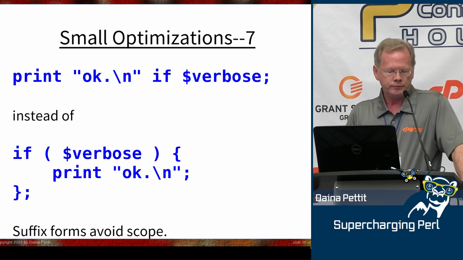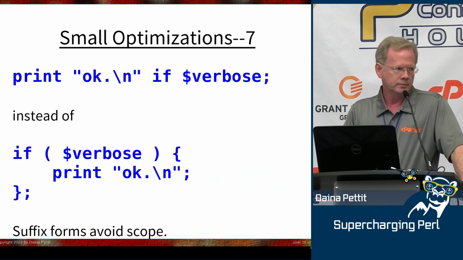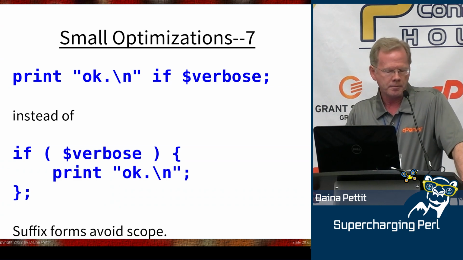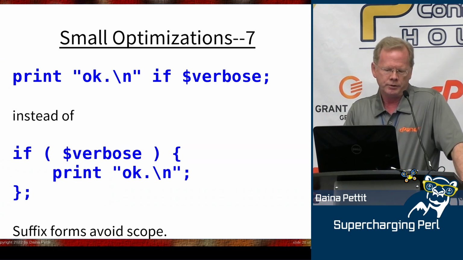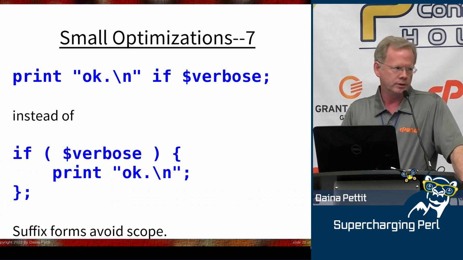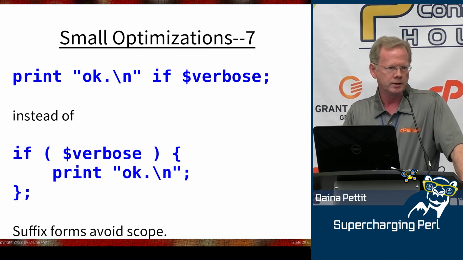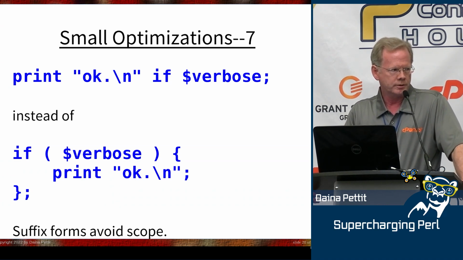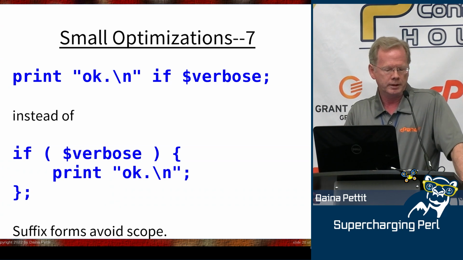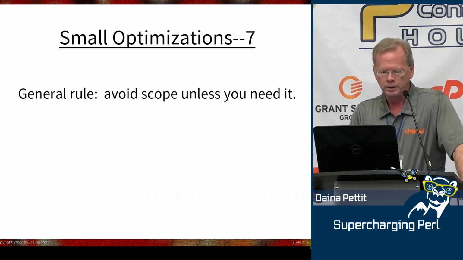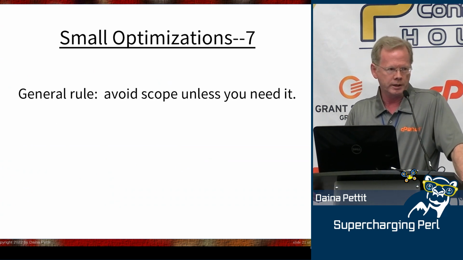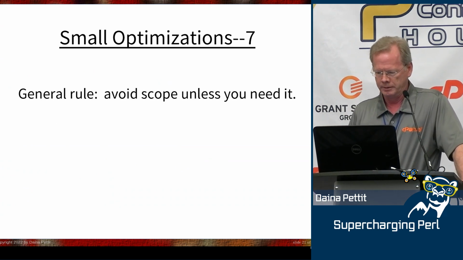The same thing with an if. You can use an if as a statement modifier. I don't always like the way these look. Sometimes these are awkward to do as a suffix modifier, but it actually can improve your performance because of the scope. So in general, you want to avoid creating scope if you don't need it.